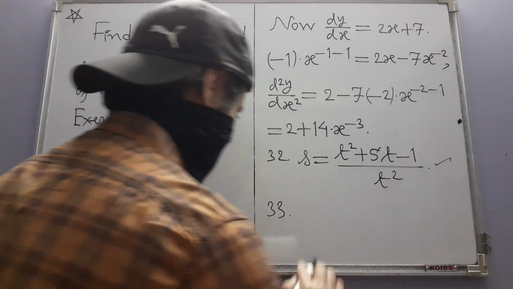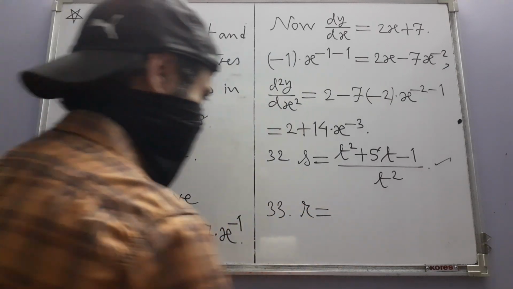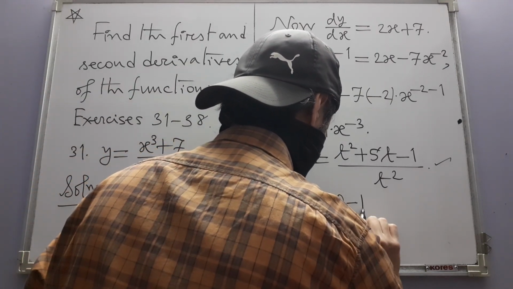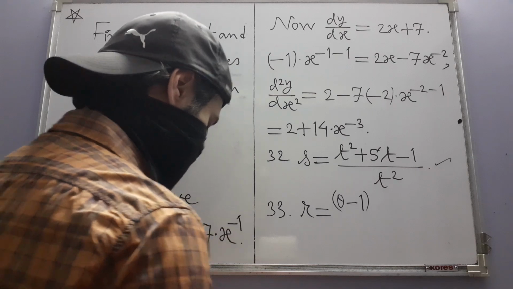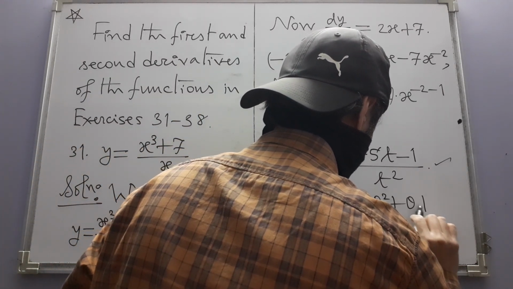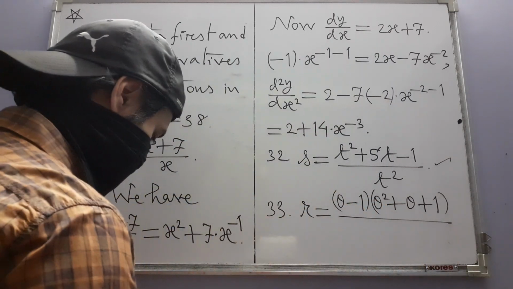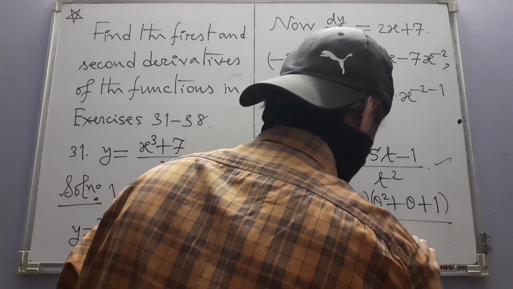Here again new names, r and theta. r equals theta minus 1 times theta squared plus theta plus 1, divided by theta cubed.